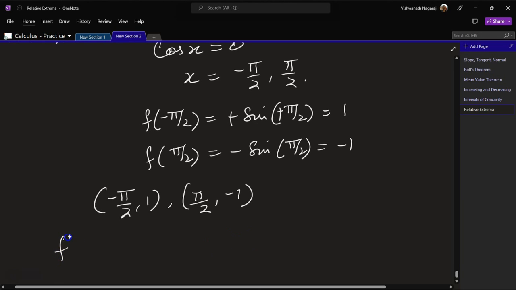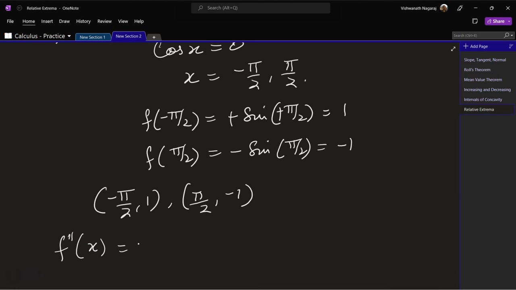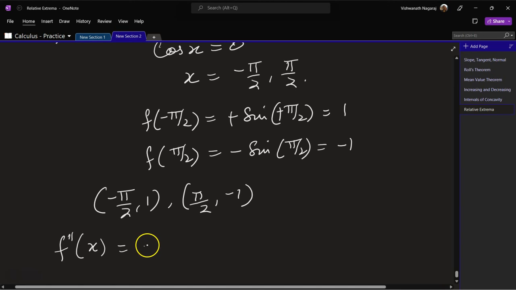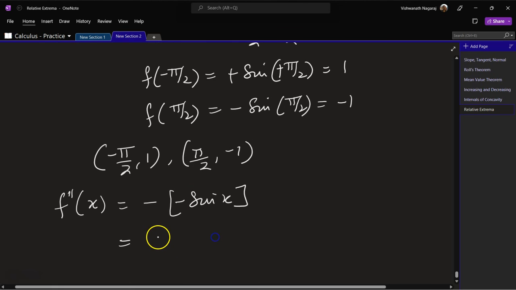Now let's figure out the second derivative. The derivative of -cos x, which is the second derivative of -sin x. So -(-sin x) is equal to sin x.